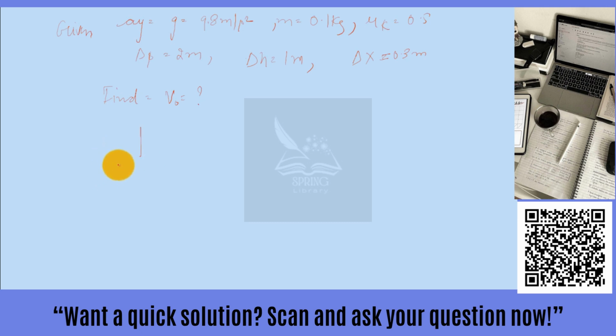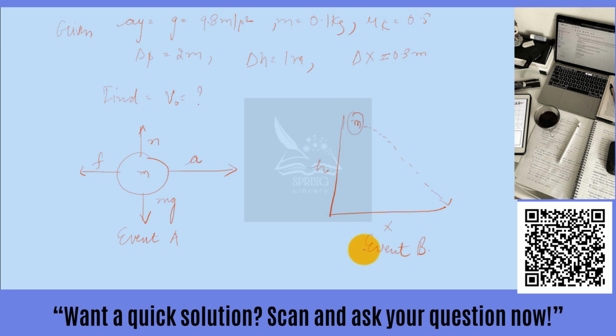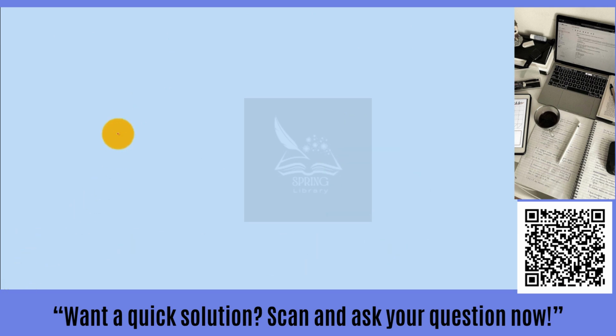Now part 1, for event A, here a, N, F, Mg, M. This is for event A. Now H height, X distance, M mass, which is supposed to fall here. It is event B.